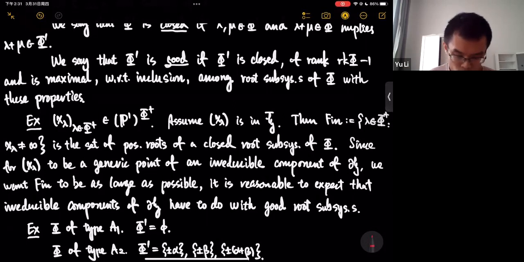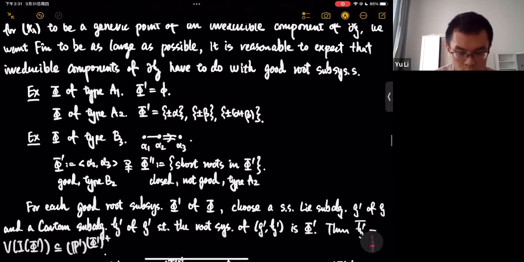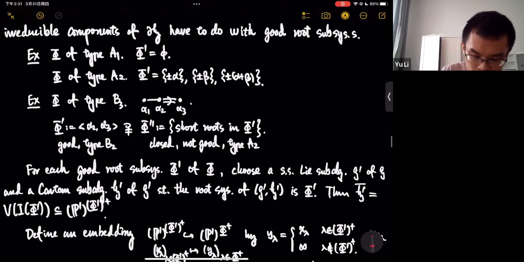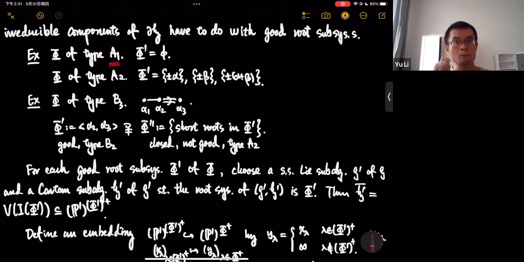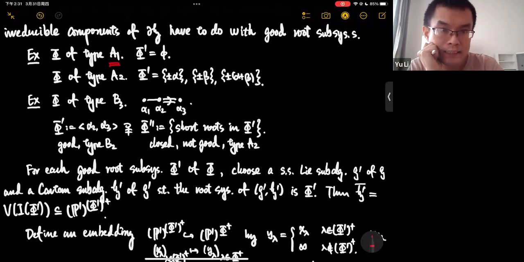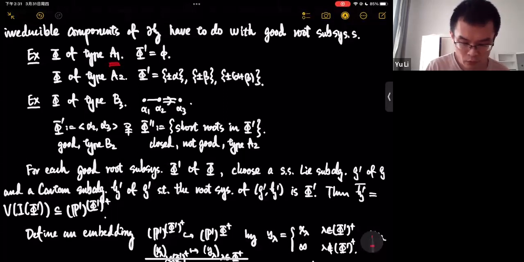So what does that mean? Back to our examples. If phi is of type A1, then by definition, a good root subsystem has rank 1 less than the rank of phi. Phi has rank 1, so phi prime has to have rank 0, and the only rank 0 root system is the empty root system. So in this case, we have only one good root subsystem, which is the empty root system.